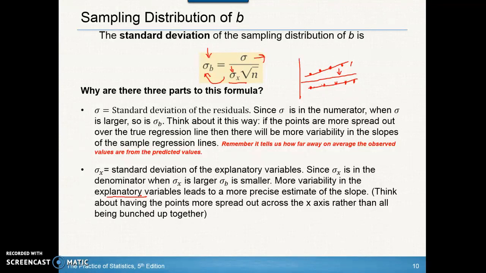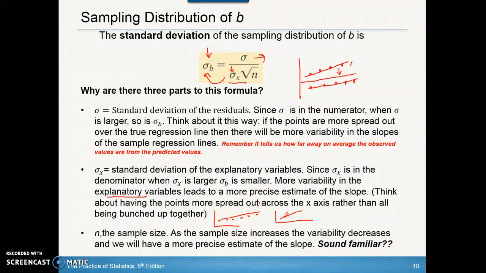Think about it this way: having the points more spread out across the x-axis rather than being all bunched together. So basically, if I have points all over the x-axis versus a whole bunch of x values clustered right here, it's going to give us a better estimate if your x values are more spread out.